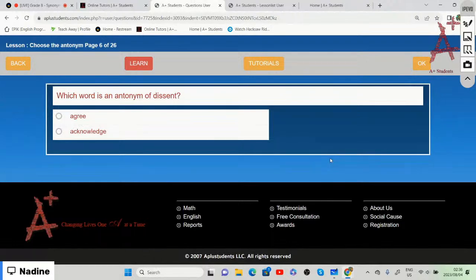And then we have dissent. The opposite of dissent, is it agree or is it acknowledge? Agree or acknowledge?